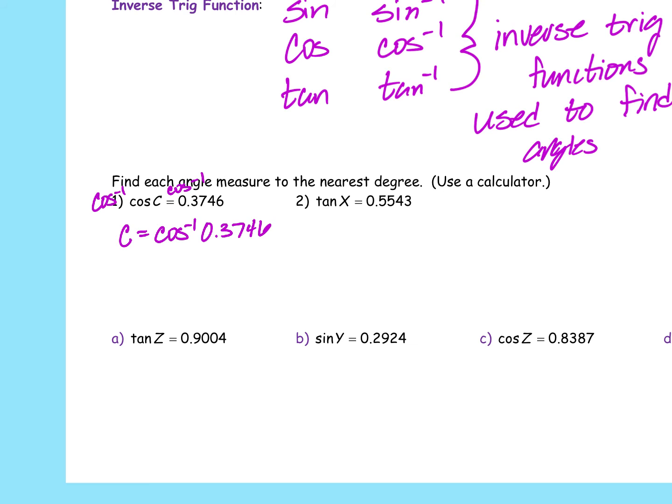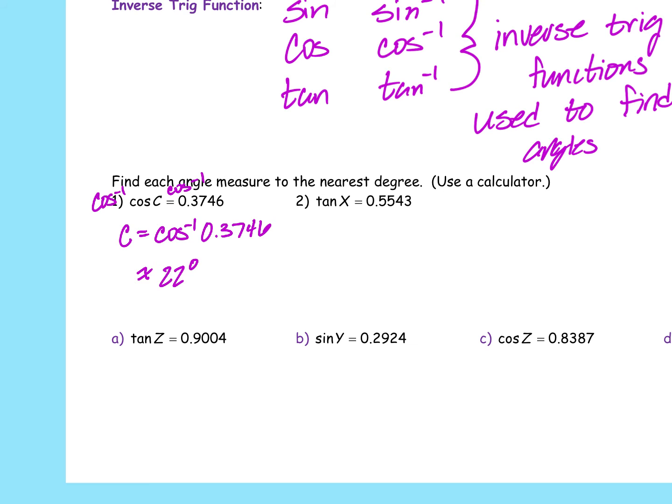So you're going to do inverse cosine, and then I'm just going to put 0.3746 in there and hit enter. And then that's my degree. And we're rounding it to the nearest degree. So C is going to equal 22 degrees. That's it. So when they give me this part of it, I just have to put it into the calculator. That's it. Okay, so same thing for number 2 here.